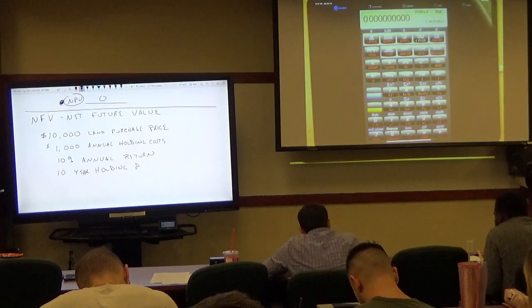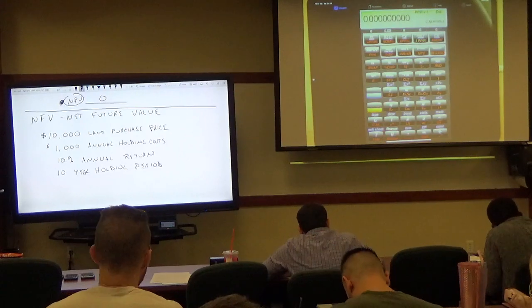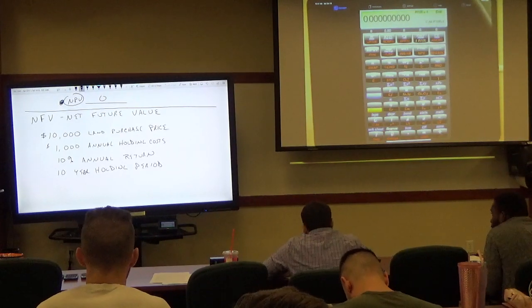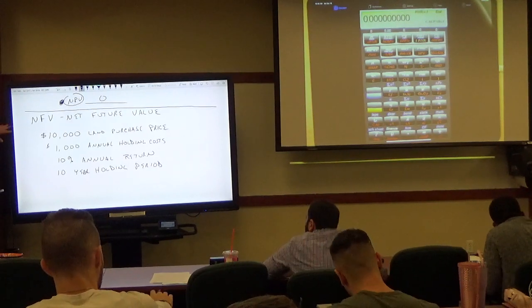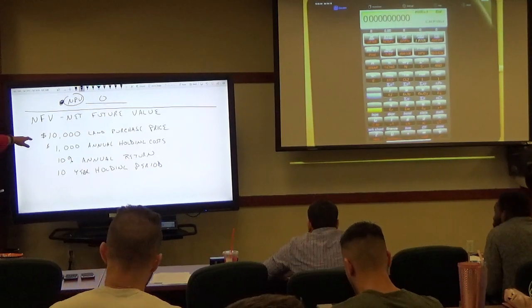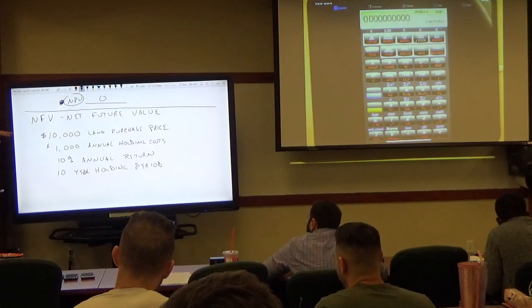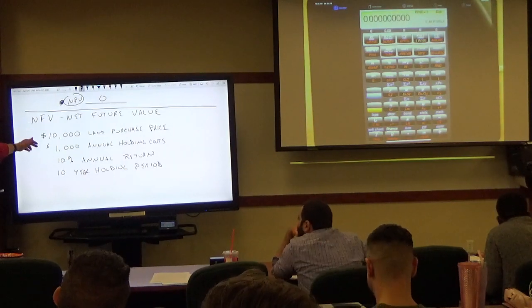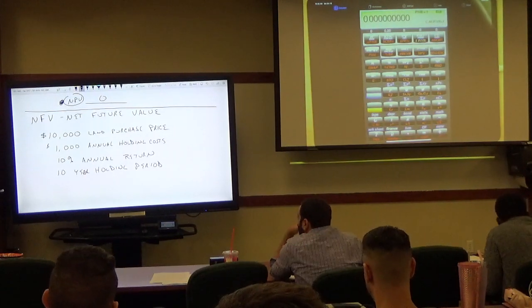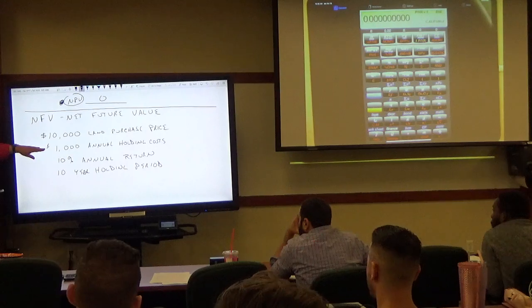Okay, so once again, to recap the scenario, we're going to calculate what we're going to refer to as our net future value of the property. We bought a piece of raw land and paid $10,000 for it. Every year we're going to have annual holding costs of property taxes, insurance, maintenance, whatever else we have to pay out of pocket.